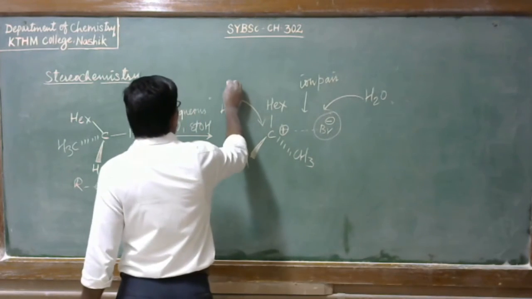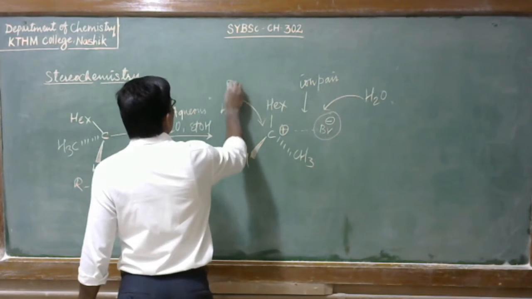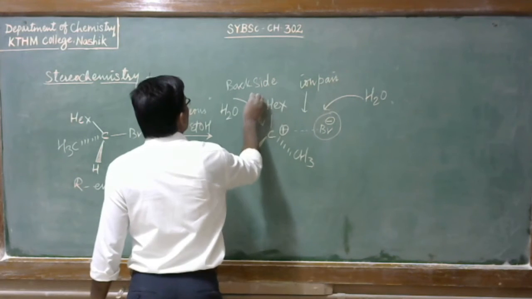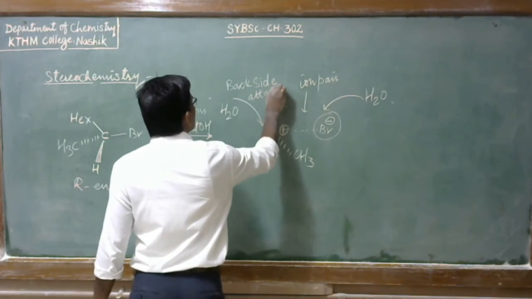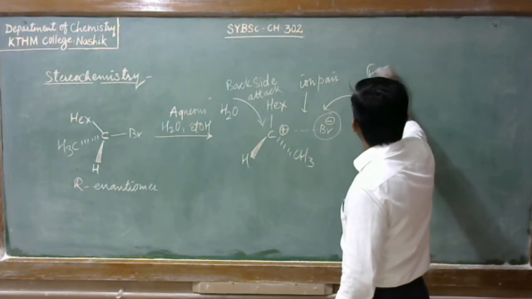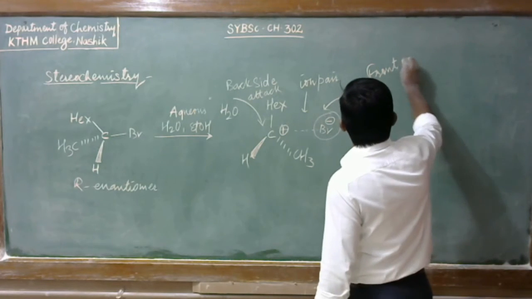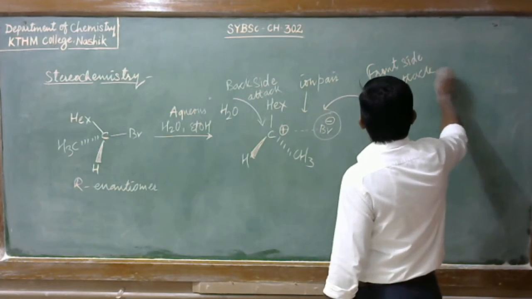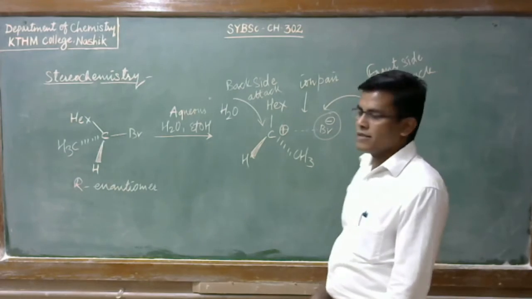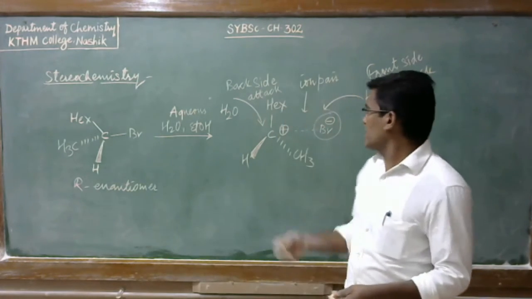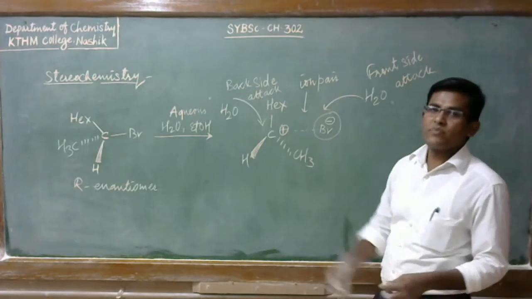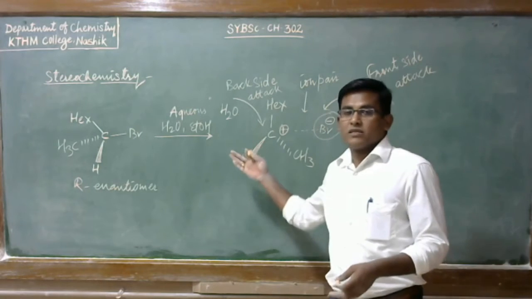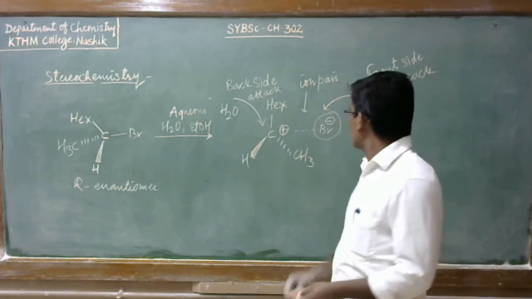This is the back side attack. And this is the front side attack. That means the ratio of the retention product will be less than that of the inversion product.